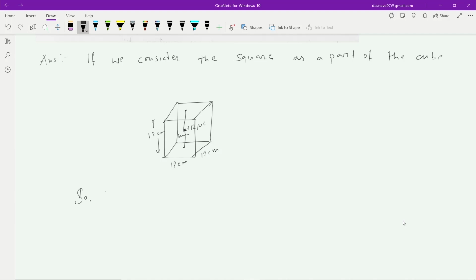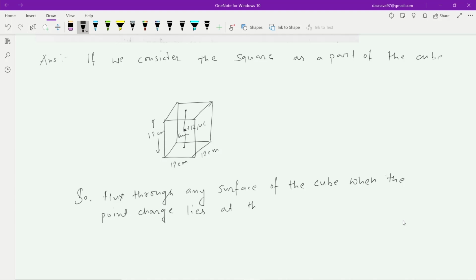So flux through any surface of the cube when the point charge lies at the center equals q by 6 epsilon naught, as there are 6 sides of the cube, right?